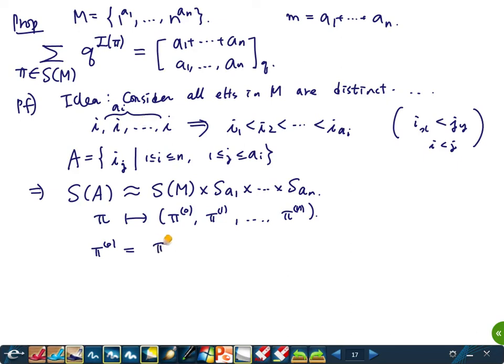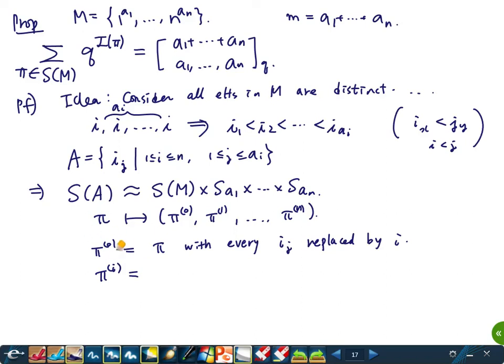This pi_0 is pi with every i_j replaced by i, meaning we just forget about the subscripts. And what is pi_i for i greater than 0?